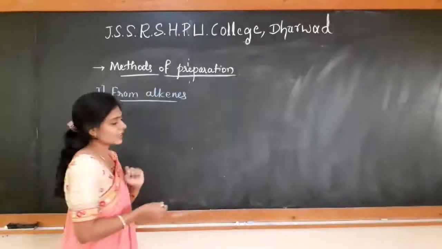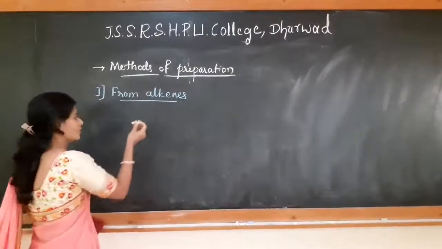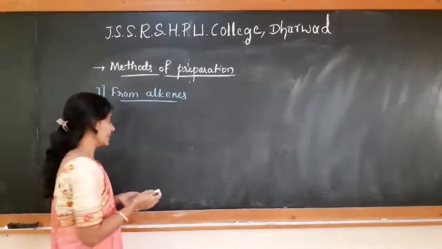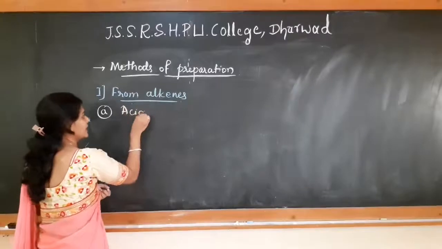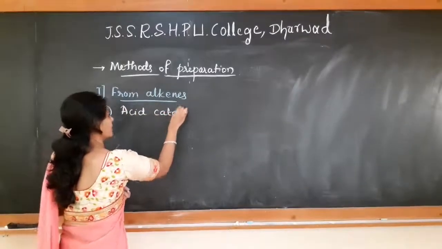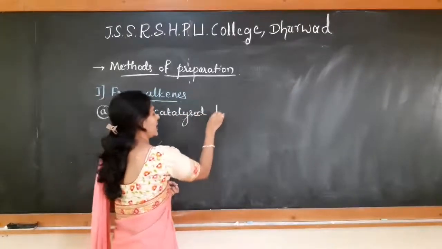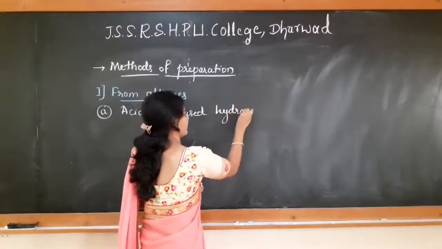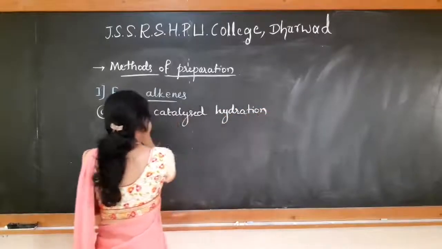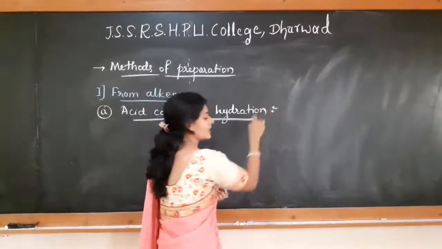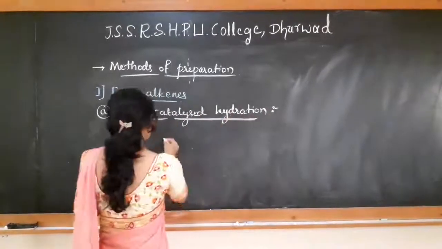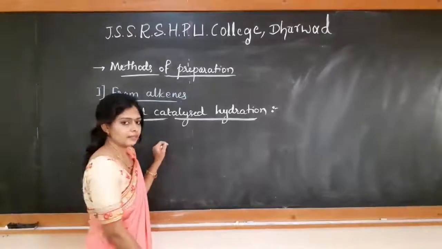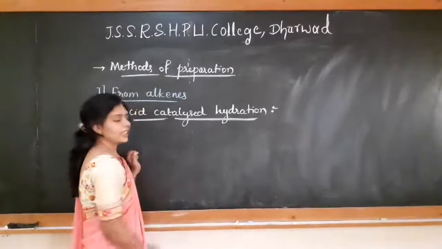So first we will see the method of preparation of alcohols from alkenes by acid catalyzed hydration. Hydration is nothing but addition of water. So addition of water in presence of acid takes place, so that we get the alcohol.